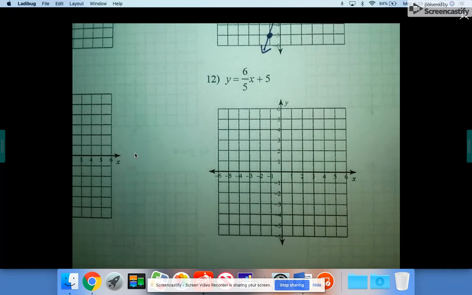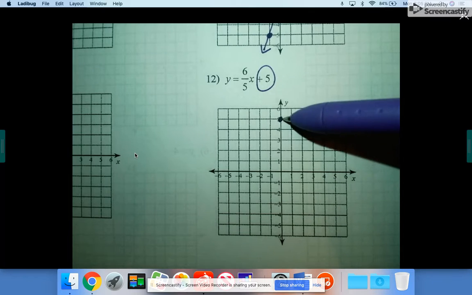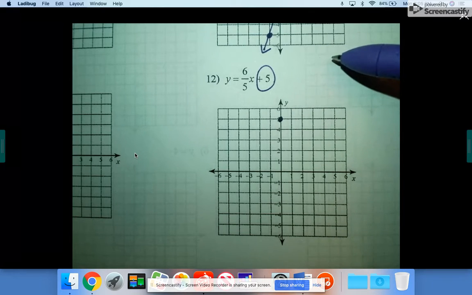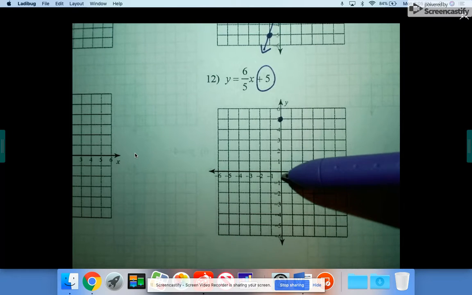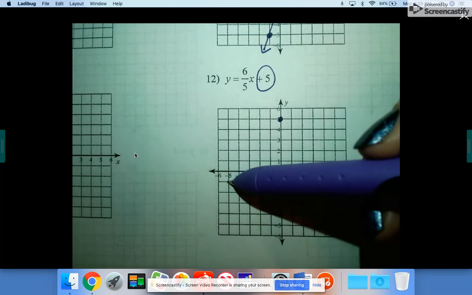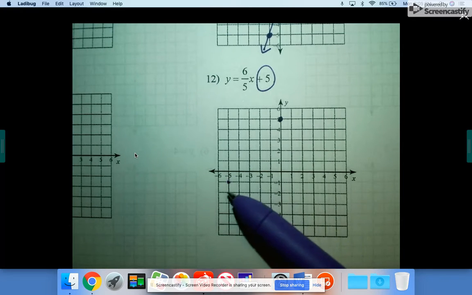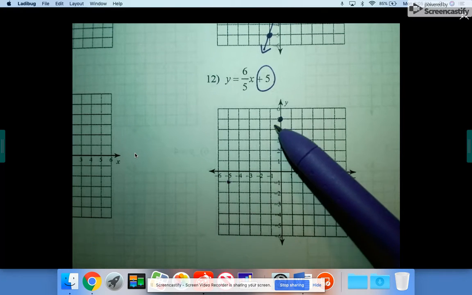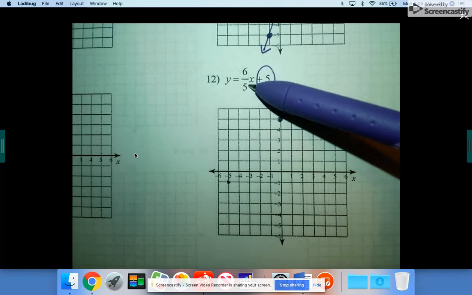Okay, and then the very last one is 6/5 x plus 5. So first dot goes at 5 on the y-axis. You would go up 6 over 5, but since that's very far off the graph, I'm going to go back down 6 over 5. Just be sure you would go to the left because you need to be able to look at it and determine that this is a positive slope because it goes uphill from left to right since it's a positive 6/5.